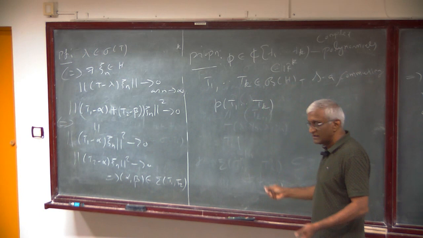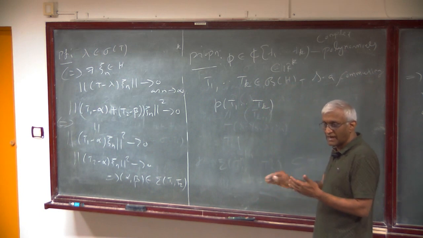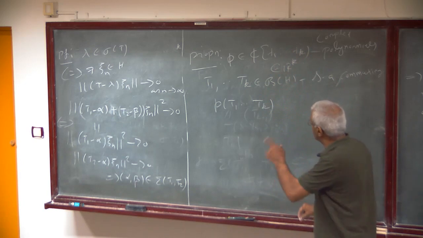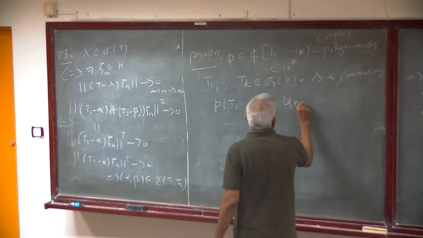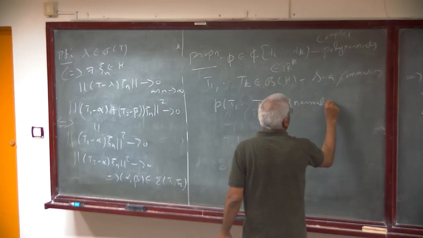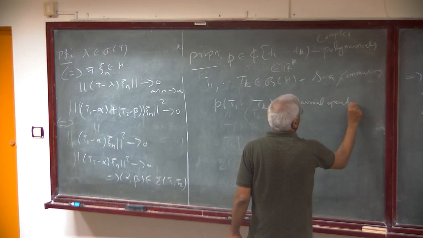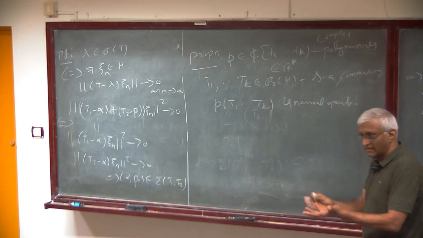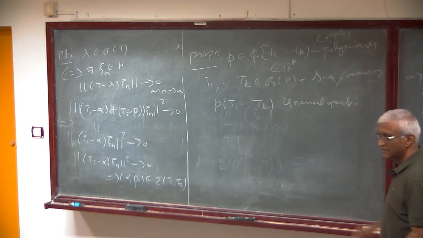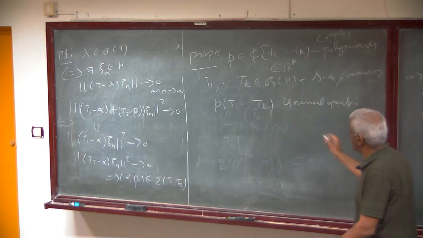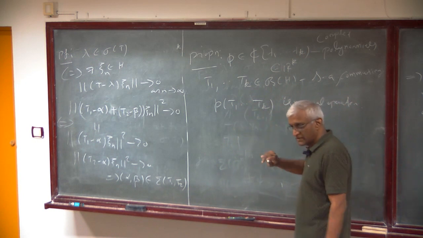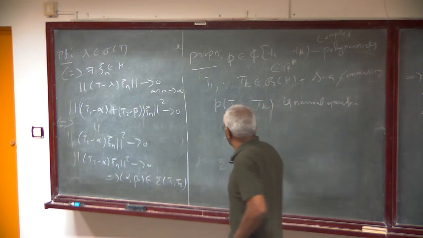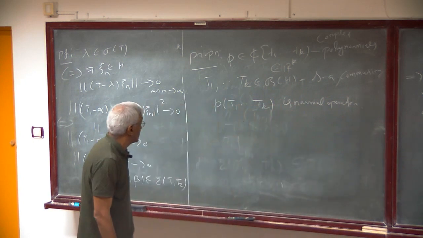Since they are commuting, how you write the product doesn't matter, as in the polynomial. And this will be a normal operator. If you take the star of this, only the coefficients will become complex conjugates and they will commute with P. So this is clearly a normal operator.